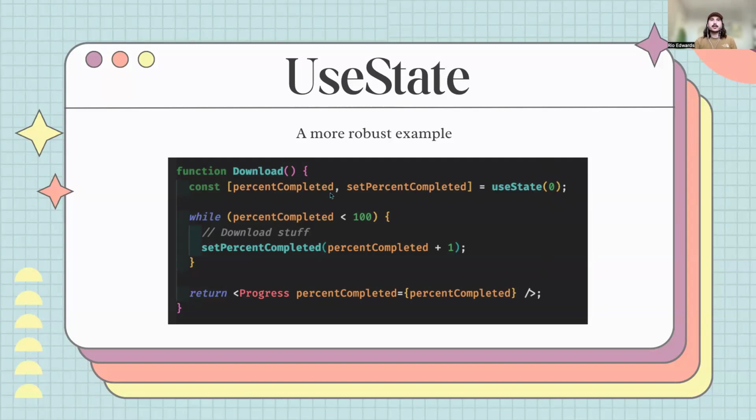So percent completed is eventually going to represent a number, and I could pass in nothing or null or undefined, but I would like to pass in that version in that data type. So yeah, like an empty string, if percent completed was going to be a string eventually, or 0.